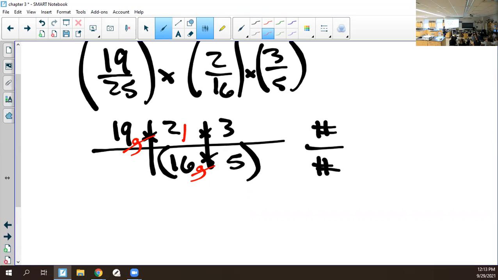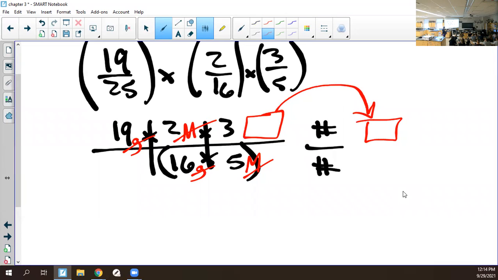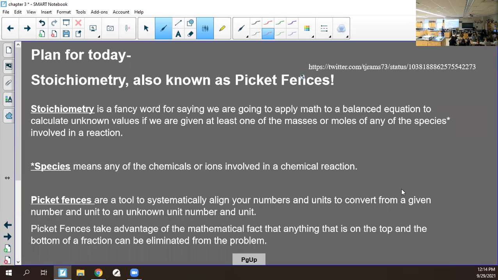If I had a mole and a mole, they would cancel each other out, and I would be left with just that unit. And that's what I want. The unit at the end will always equal the unit I want at the end. I'm going to say that a lot. It's going to be really annoying, but I'm going to repeat it. So this process becomes pretty simple for you. Okay, so stoichiometry, species, picket fence.